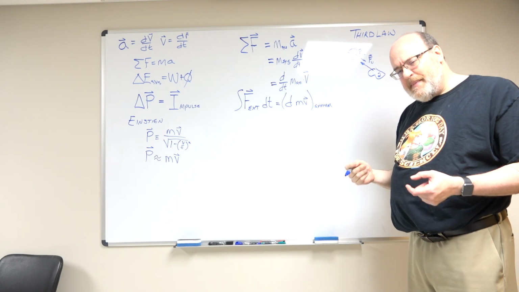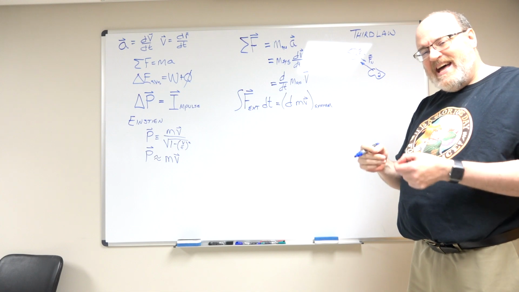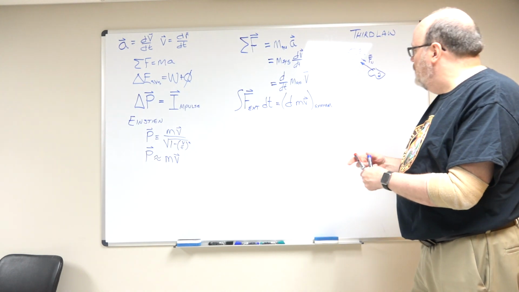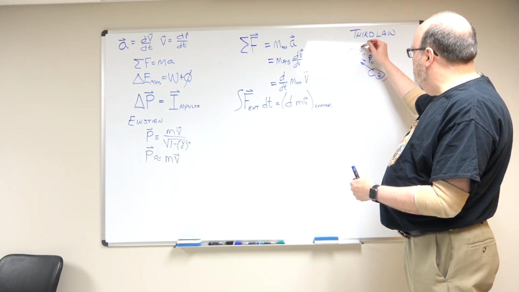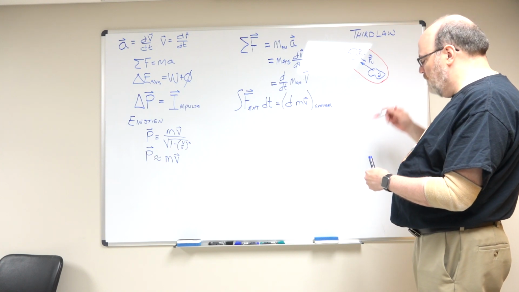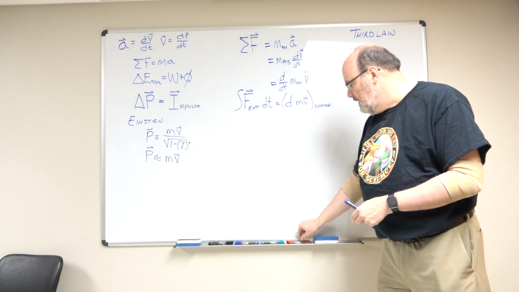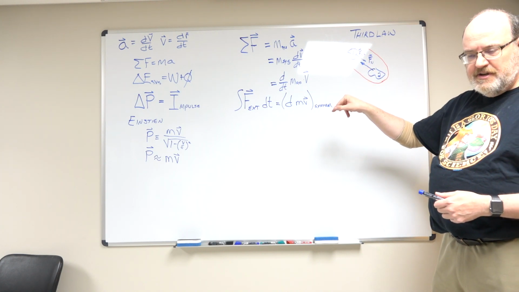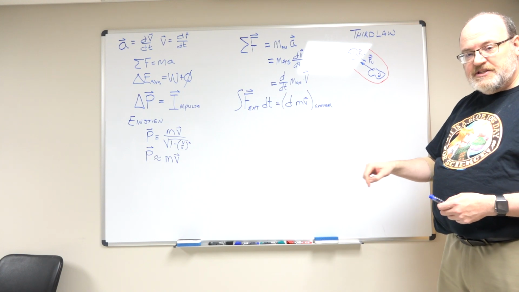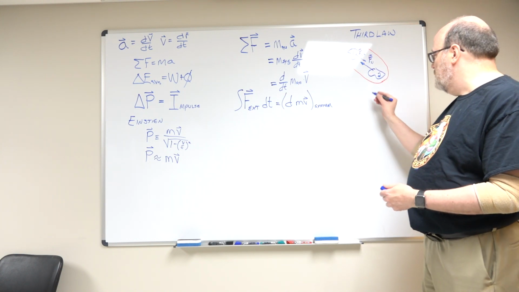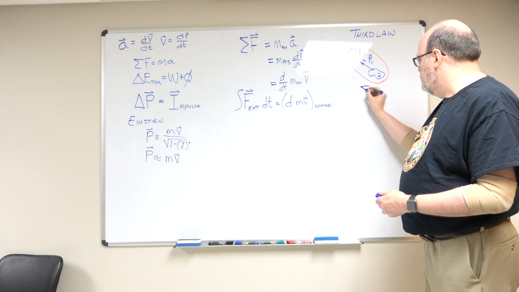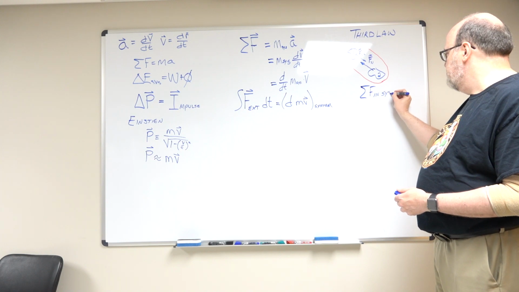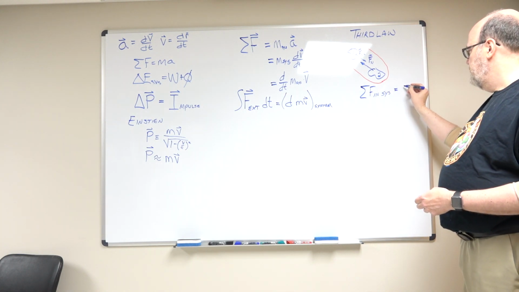So if they are inside of my system, I'm going to have to add them together. So if I define my system as including both of these tiny little masses, then the interior forces will add to 0 when I sum up all the forces inside the system. So the sum of the forces in the system, they're all going to add to 0.